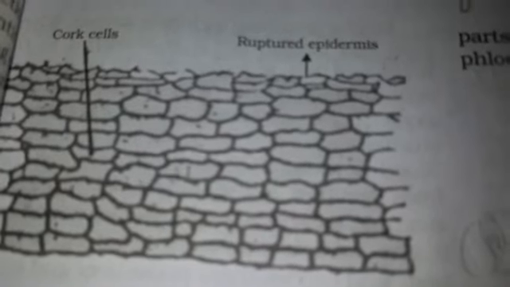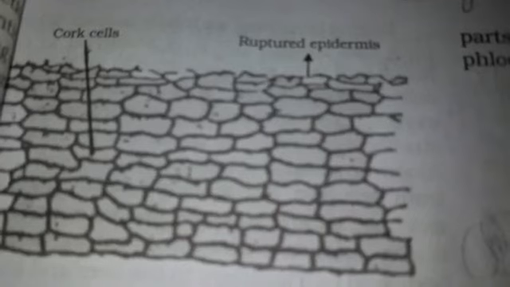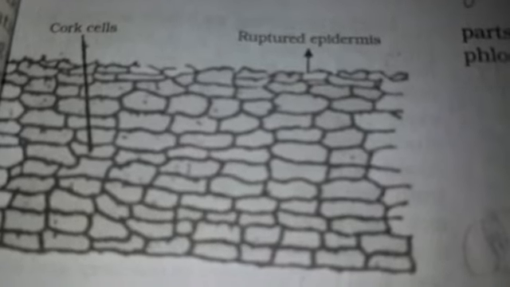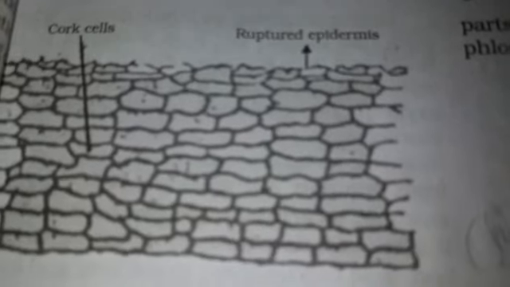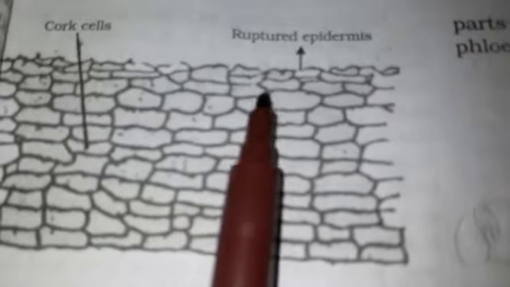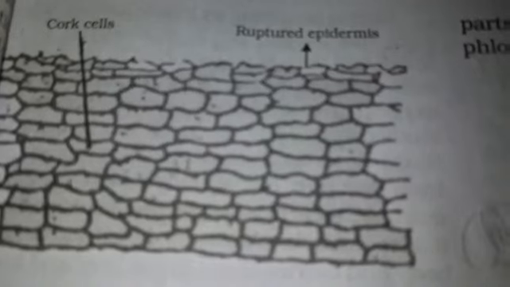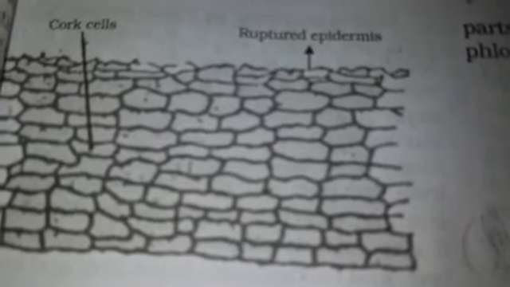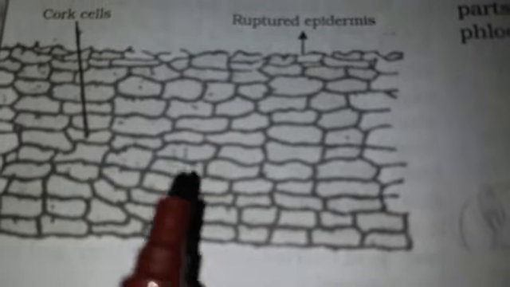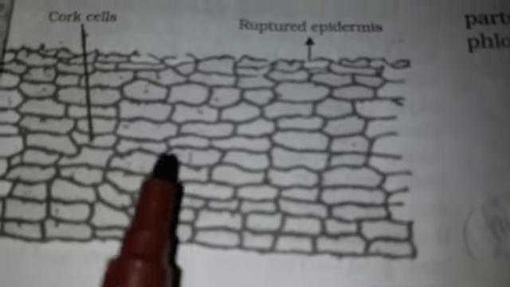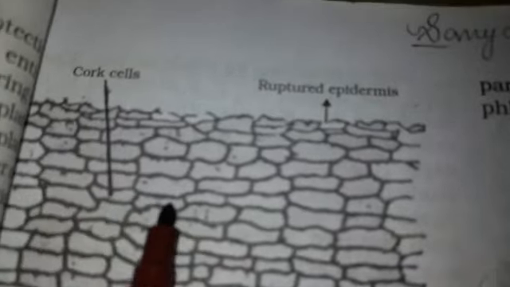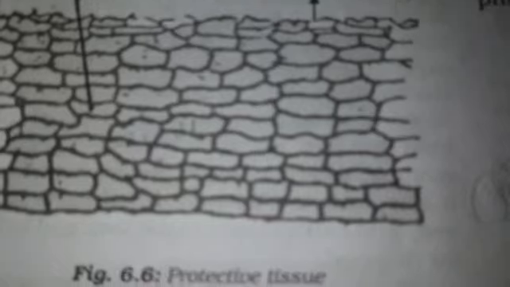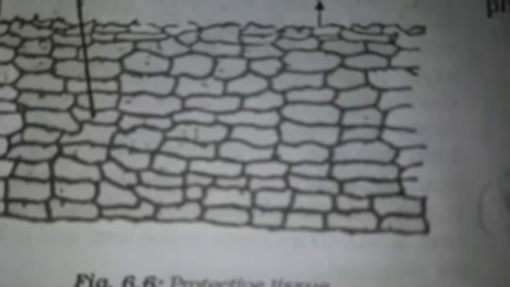So some of the secondary meristematic tissue will turn into the epidermis, whose outside cells will be cut off from the main layer, and this cut off layer will be seen as thick bark, thick cork of the plant. See here, cork cells of the plant, we know it is the bark of the plant. This is a protective epidermal layer of the plant.